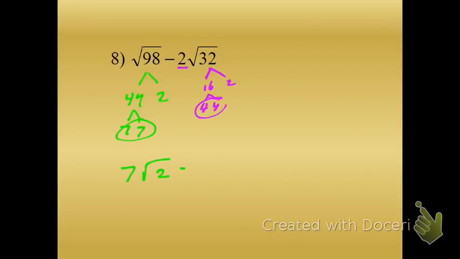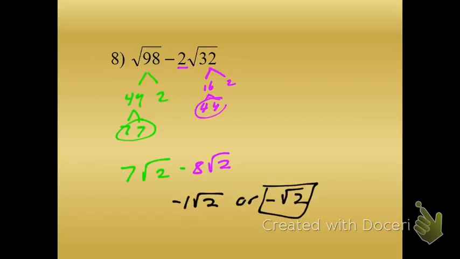The 4's come out multiplied by the 2 in front, so that gives you minus your 8 square root of 2. So just because they're not like radicals right away doesn't mean they won't end up being after you simplify. Then 7 minus 8 gives you the negative 1. Radicals don't change. So negative 1 square root of 2, or my preferred answer, negative rad 2.